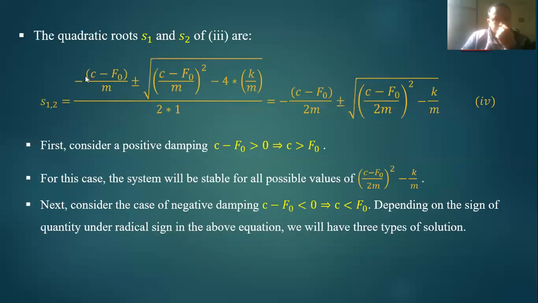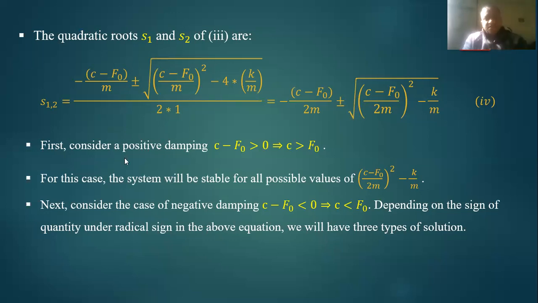The quadratic roots S1 and S2 of this equation are minus (c minus f naught) over 2m plus or minus the radical of ((c minus f naught) over 2m) the whole squared minus k over m.